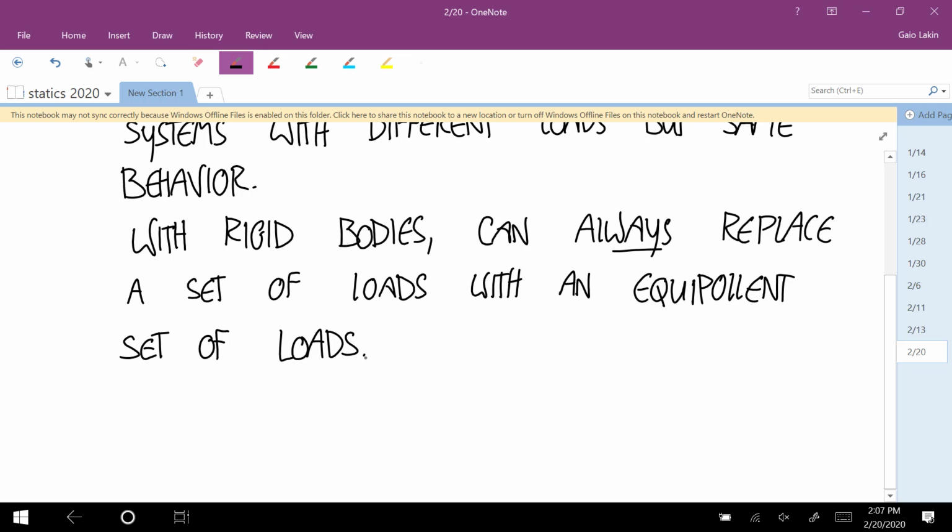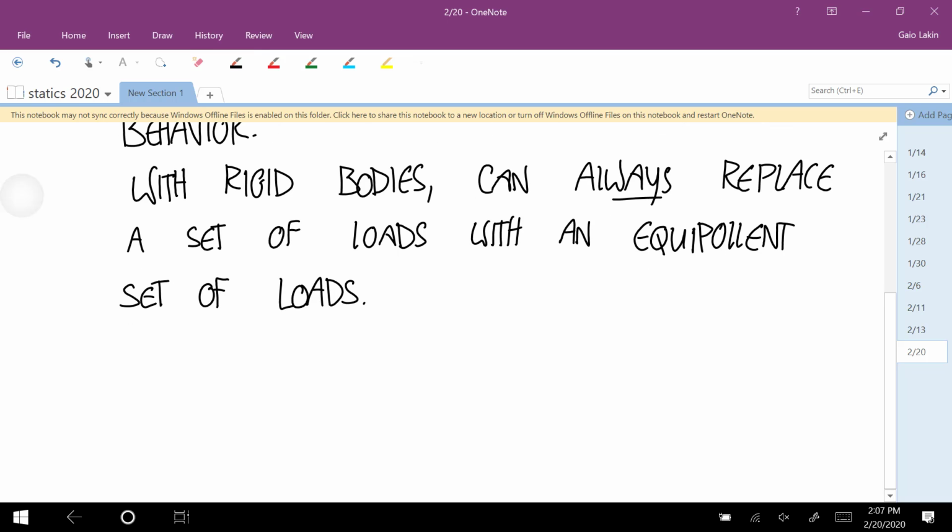Some examples of this are, well, the first one is one that we already have been using. I didn't call it an equipollent system, but it's the same.